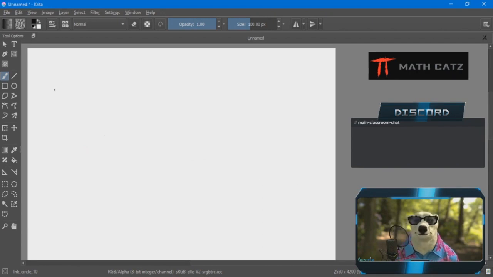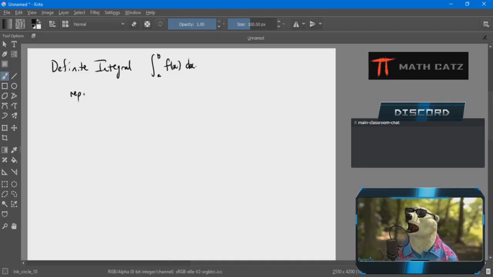So, last time we talked about what the definite integral from a to b of f of x represents.